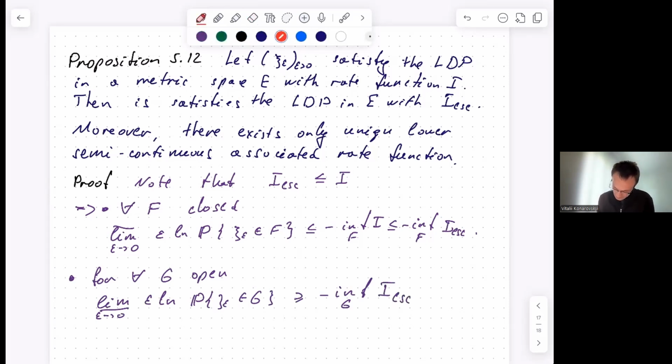This is what we want to prove. But we know that it is larger or equal than minus the infimum of I over G, because it is the definition.